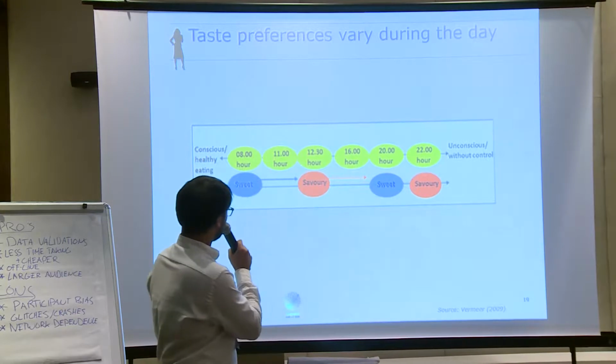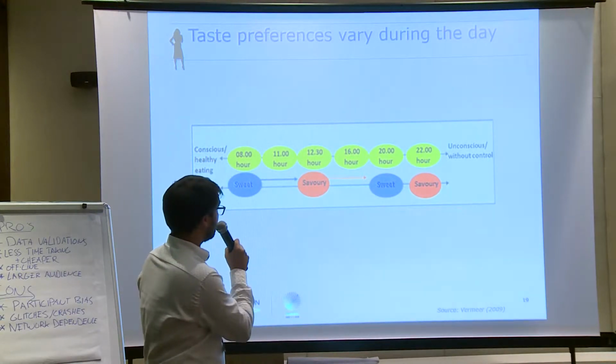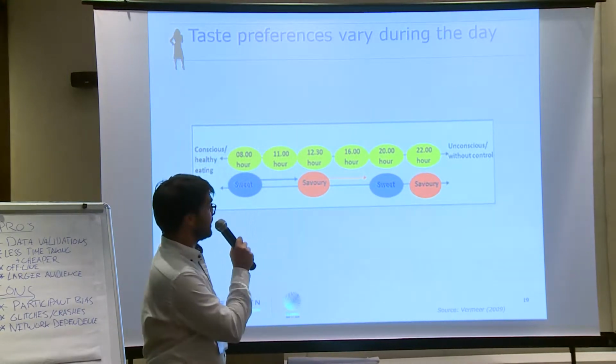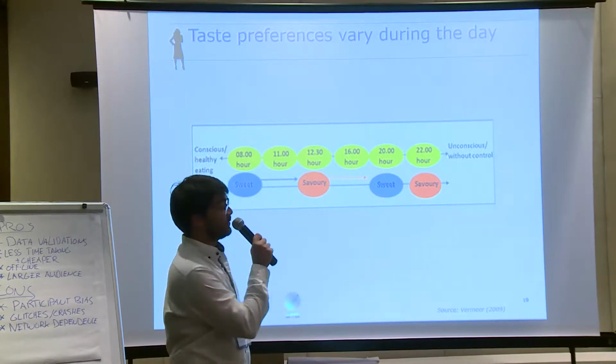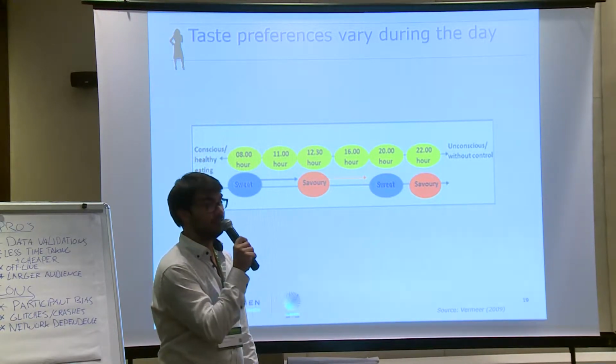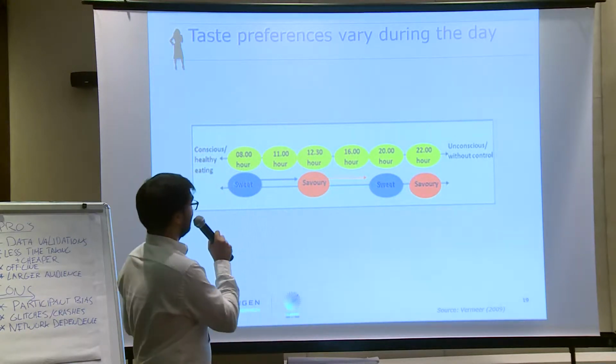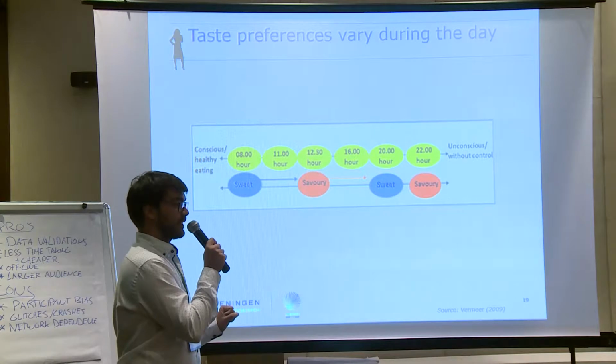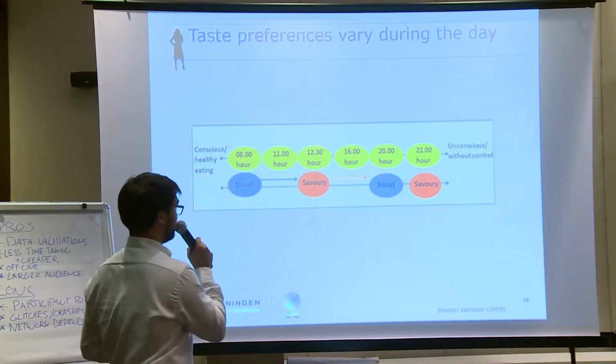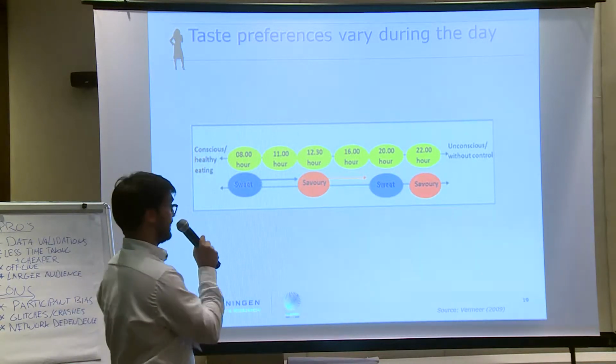As an example, this is an overview of how taste preferences vary during the day. These are self-reported taste preferences, by the way. If there are any sensory scientists in this room, I am not one, so pardon me.